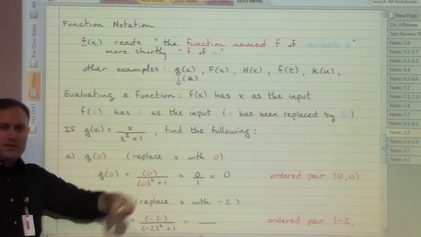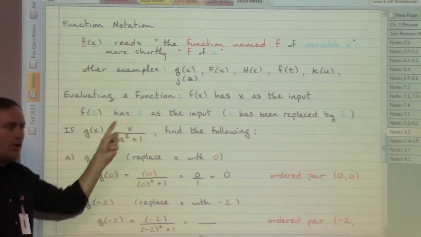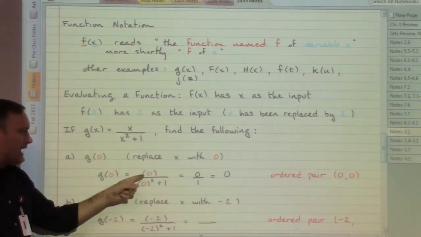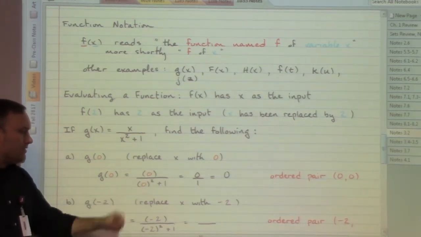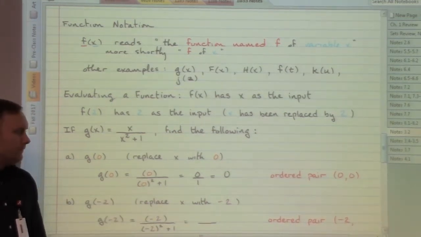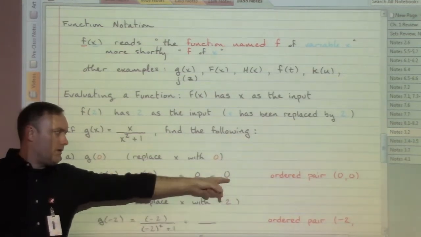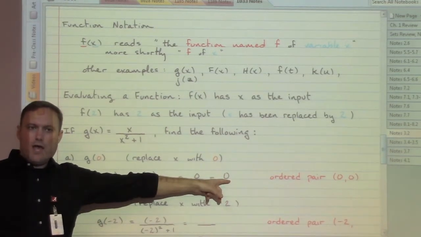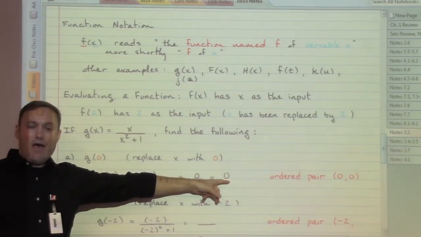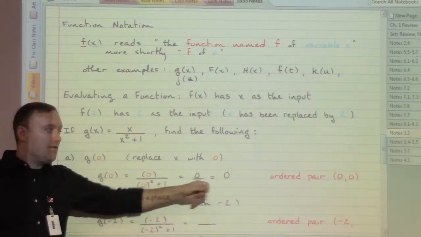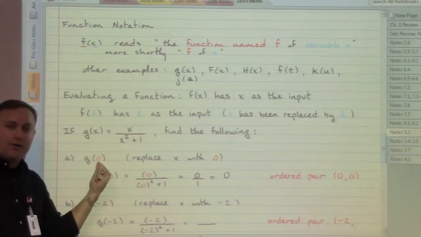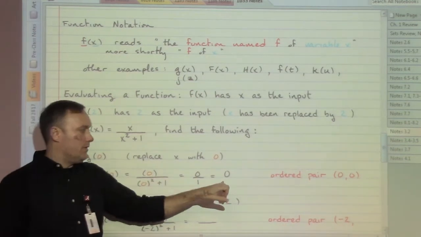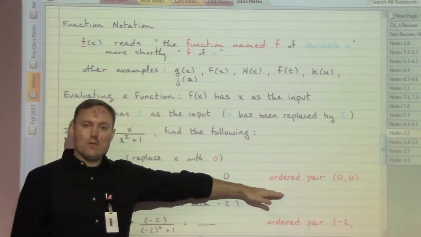So I'm going to replace the x with 0. Everywhere in my equation, I'm going to do that. So 0 on top, 0 on the bottom, and I'm going to crank out that calculation and figure out what that second half of the pair is. If the first half of the pair is a 0, the second half is a 0. There's my pair.